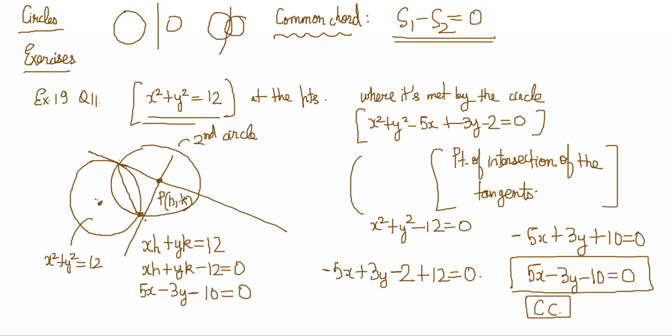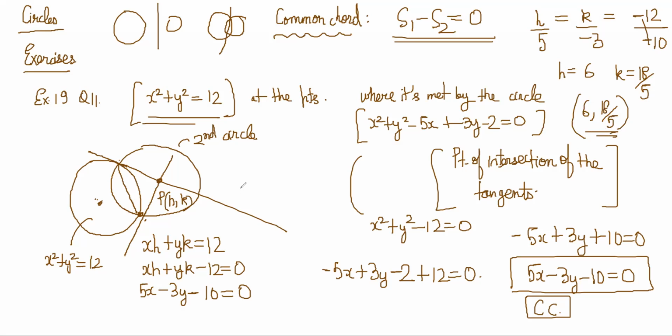Common chord and chord of contact are the same lines, so you can compare and say that h by 5 is equal to k by minus 3 is equal to minus 12 by minus 10. So h is equal to 5 into 12 by 10, so 6, and k is equal to 3 into 12, 36 by 10, so it is 18 by 5. So (6, 18 by 5) is my point.